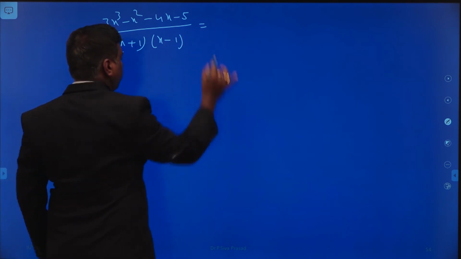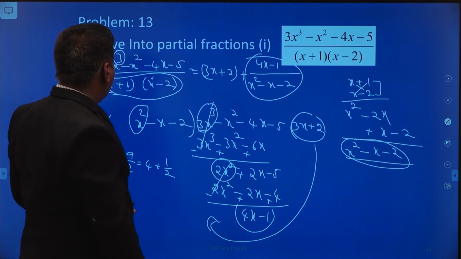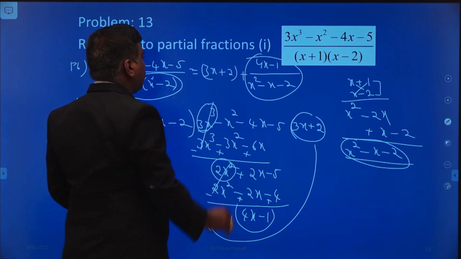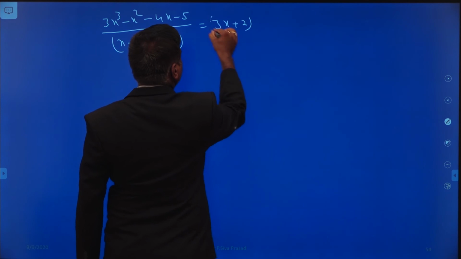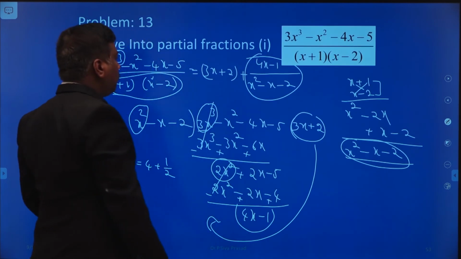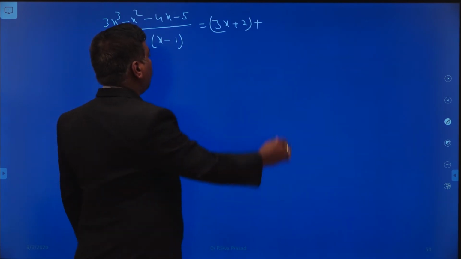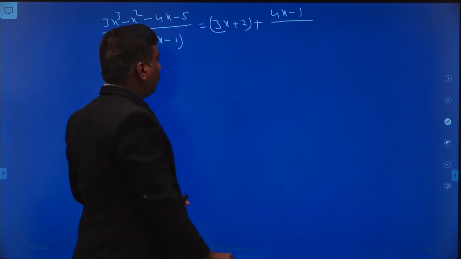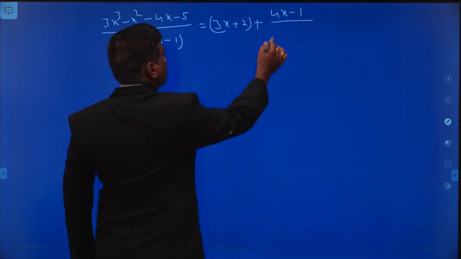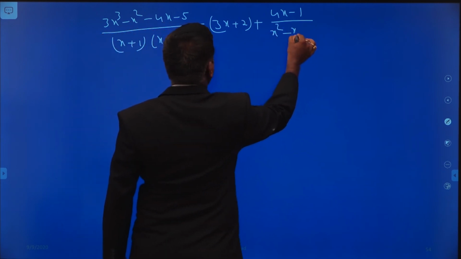This is equal to, how do we write, 3x plus 2 plus 4x minus 1 by x square minus x minus 2.